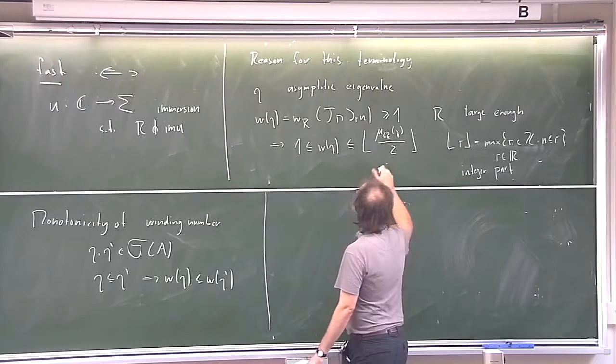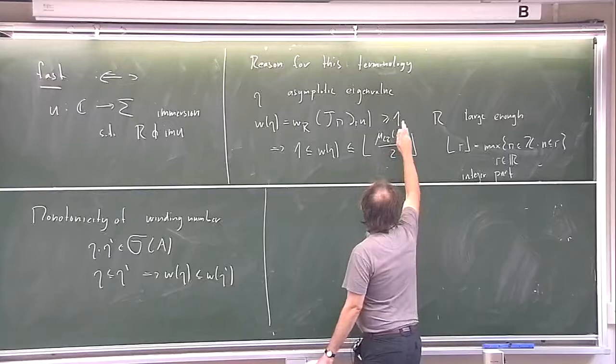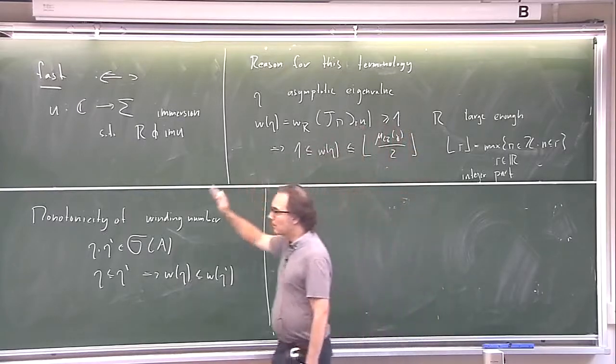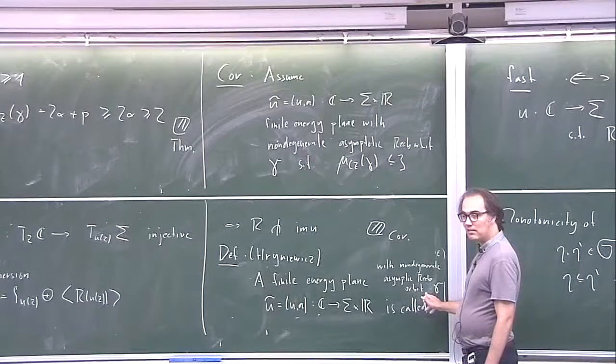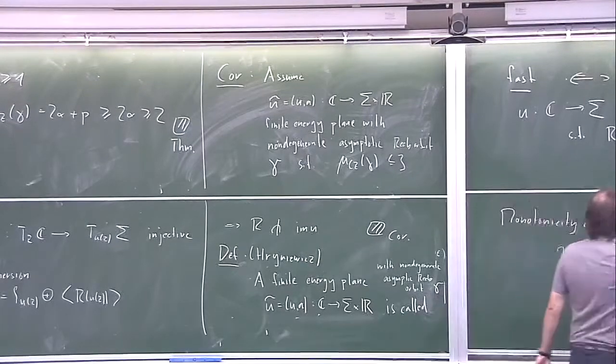So this discussion is about the asymptotic eigenvalue of any finite energy plane, not necessarily a fast one.